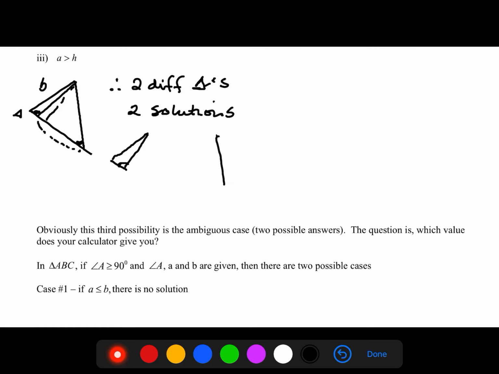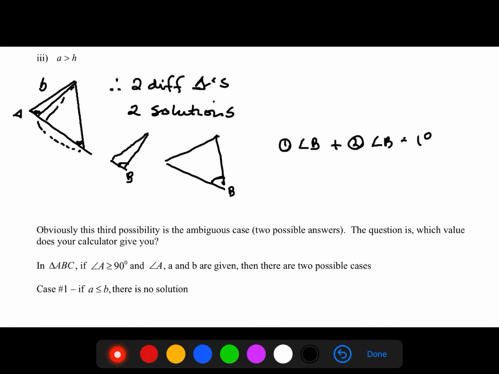In one, we're going to have our obtuse angle in here. In the other, we're going to have our bigger acute triangle and a smaller angle in here.